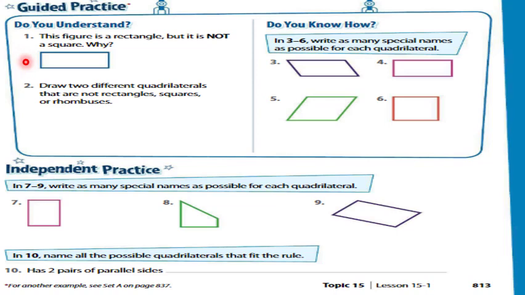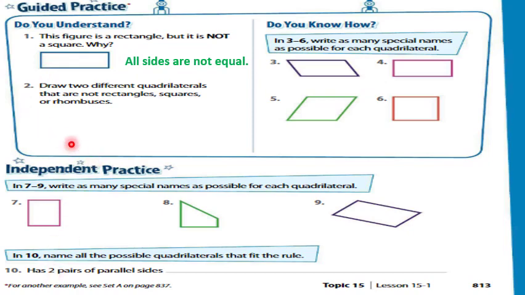So why is this figure not a square? Excellent, because all the sides are not equal. These two sides are long, while these two sides are short. So that's why this is a rectangle, not a square.